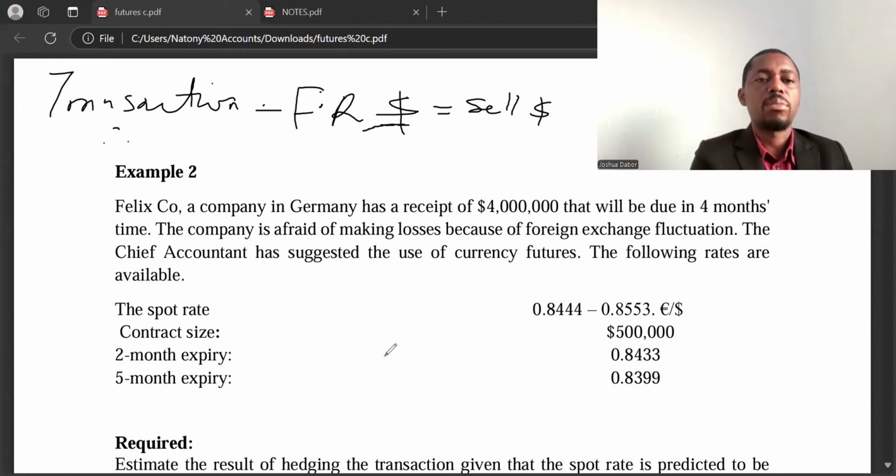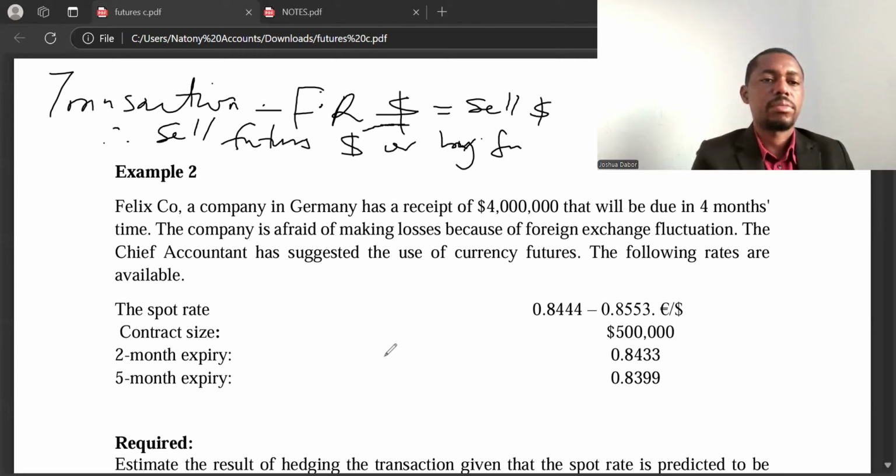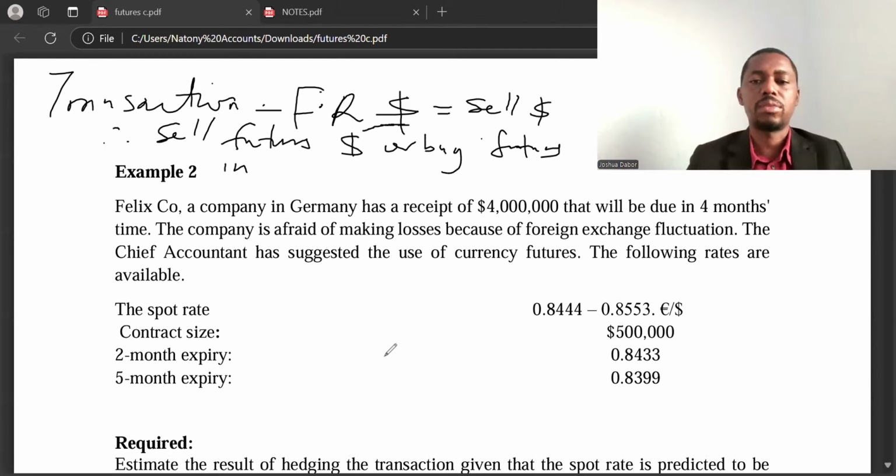Therefore, the company should sell futures in the USD, which is the foreign currency, or buy futures in the local currency, which is the euro. So this is the decision.